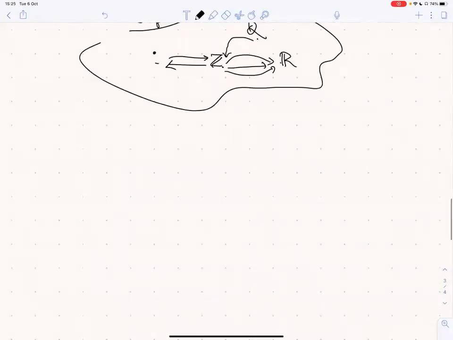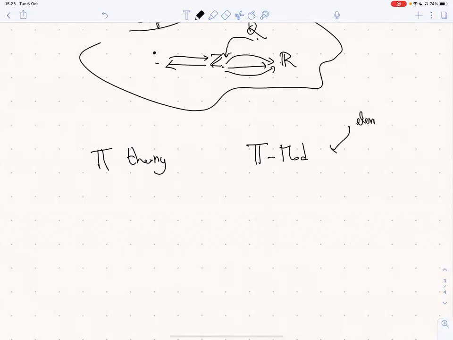Another example is, given a theory T, we could say first order theory, we could say infinitary, doesn't matter, we can look at the category of models of this theory. And here we could choose elementary embeddings, or we could just choose homomorphisms.